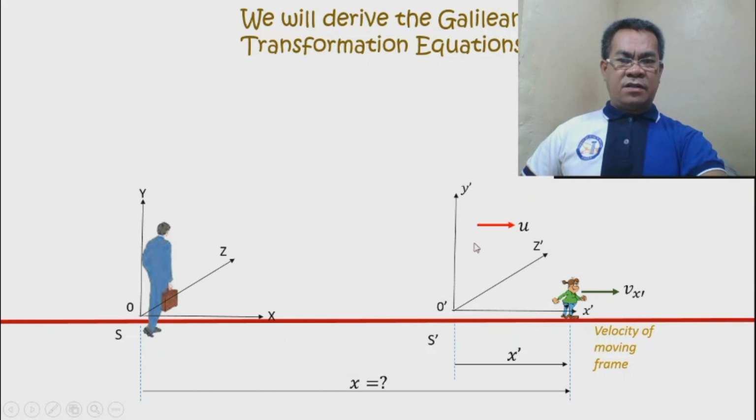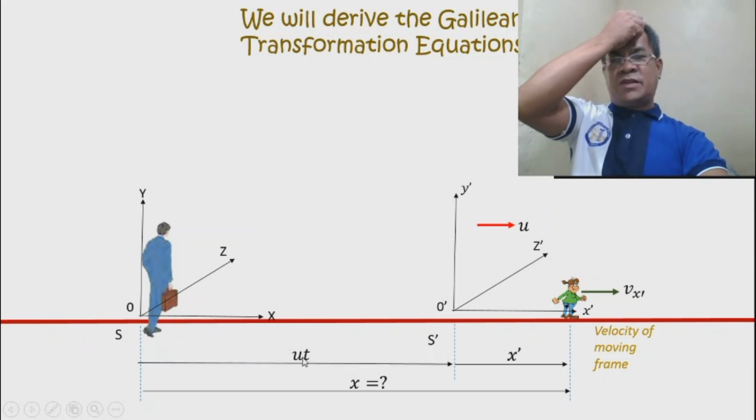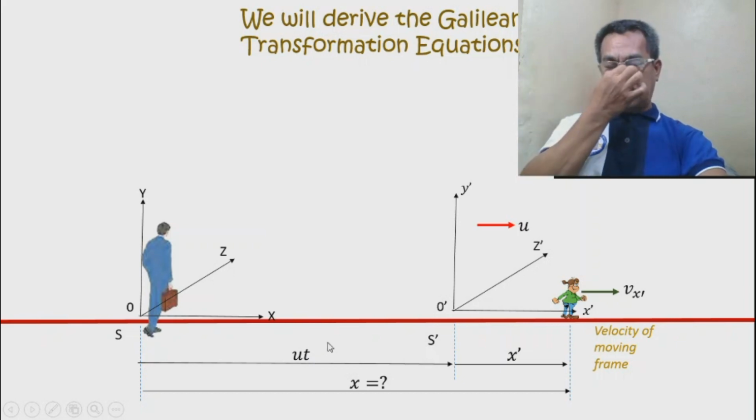So therefore, at zero time, this frame starts at the origin of frame S, but with respect to time, it is displaced because of this velocity. For a given time, the displacement of S prime from S is the velocity times time, because velocity times time is displacement.